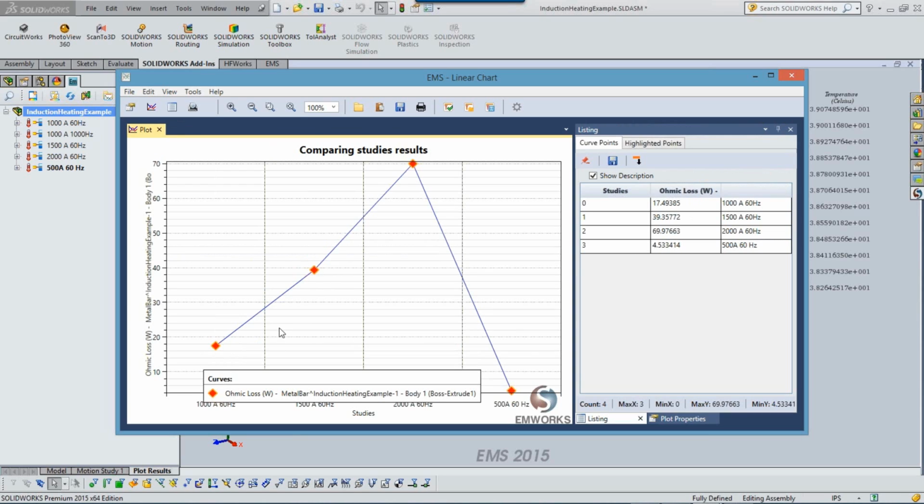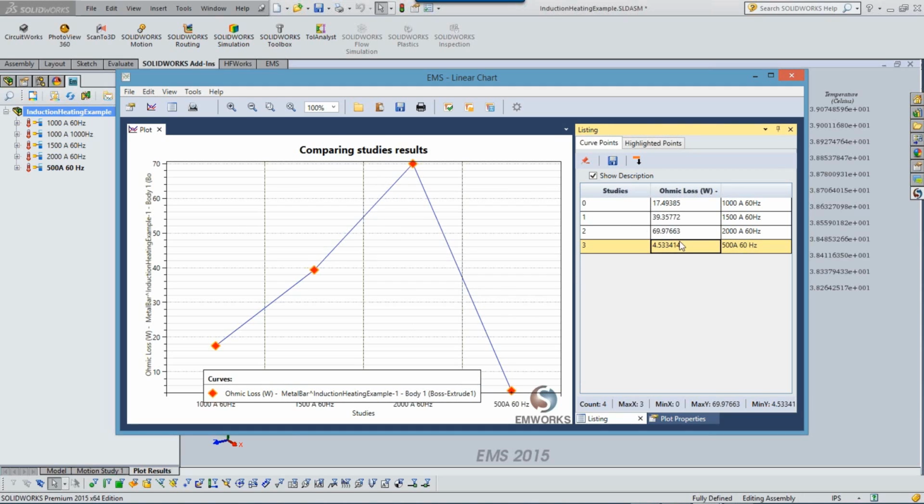Notice that it's not really linear. I double the current, but I don't get 2 times the loss. I get much more than that. When I have 2000 amps, I have close to 69 or almost 70 watts. And with 500 amps, obviously I've got only about close to 4.5 or 5 watts of loss here.